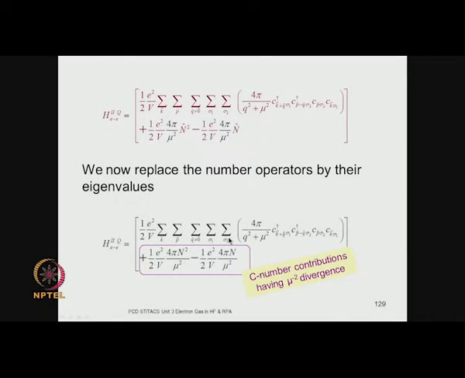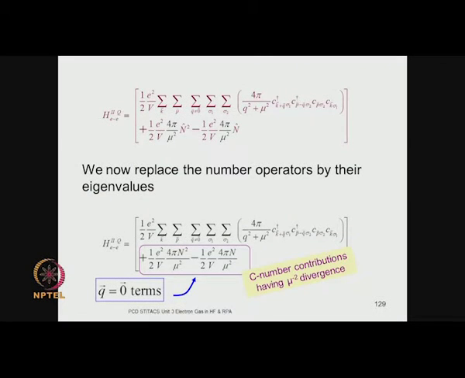Okay, so, this is just like a numerical contribution, but both of these terms have the 1 over mu square divergence. And this is what we had anticipated, that some part of the electron-electron term may have a 1 over mu square divergence, and it could cancel the divergence which was coming from the background terms, from the background Hamiltonian and from the electron background Hamiltonian. So, they were right.